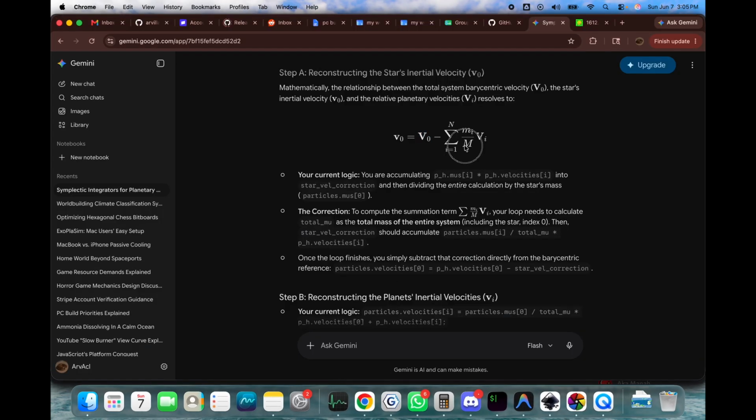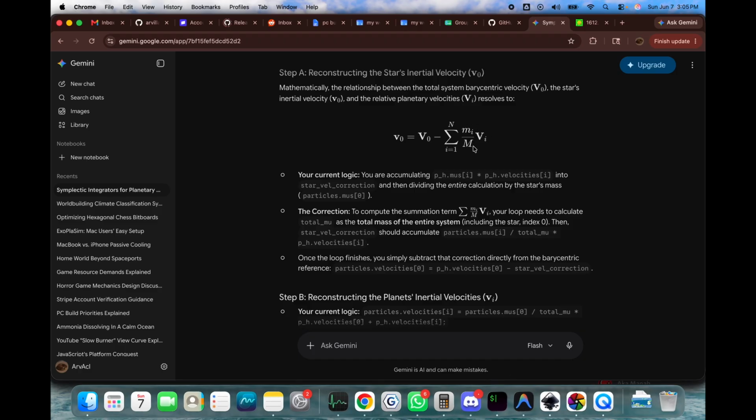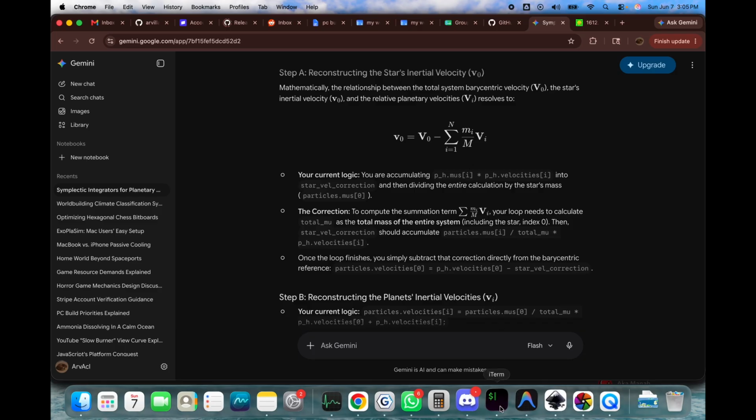So total mass you're going to need to figure out. But total mass here does include the star. But it isn't any variable that changes in there. It's an external variable, basically, that just happens to be tied.